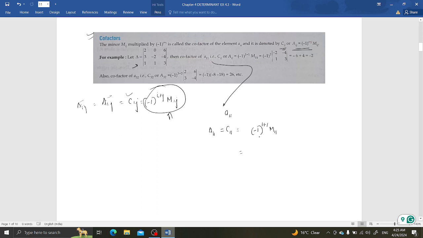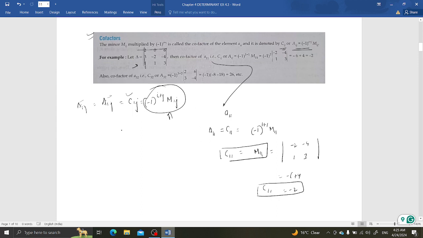So it is minus 1 power 2, that is even, and it will be only m11. So C11 is exactly m11, and we know how to find m11. We need to remove the first row and first column. What we are left with is minus 2, minus 4, 1 and 3, and we can solve it simply and get minus 2. So this is our C11.